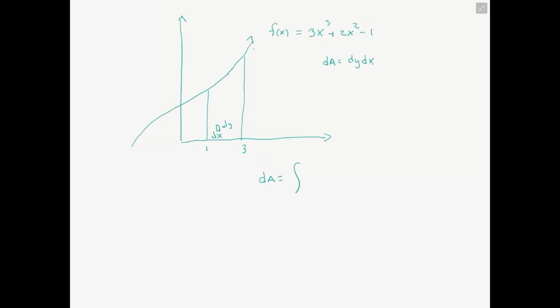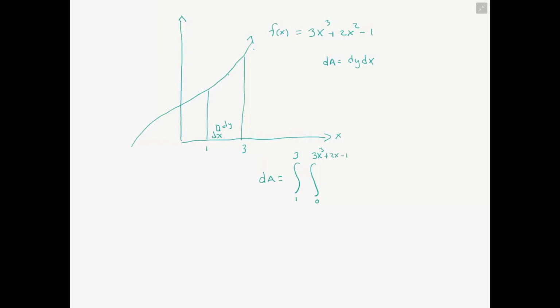So we say that dA is equal to our limit on the x range is 1 to 3, and in the y range it is y equals 0 to y equals f of x.